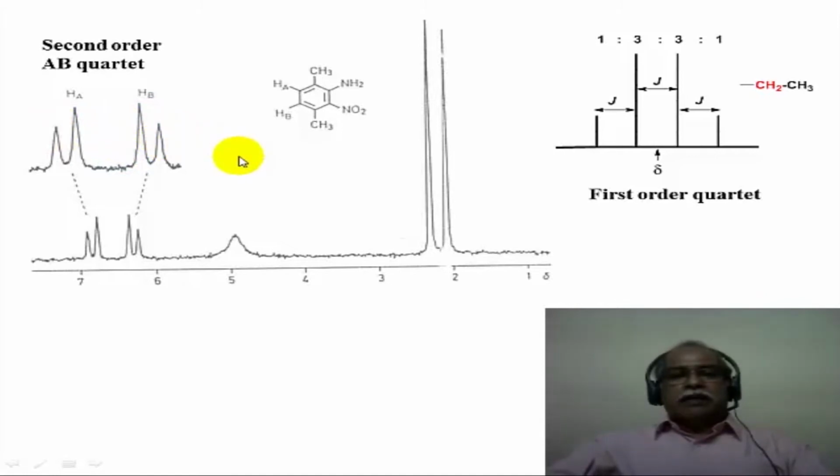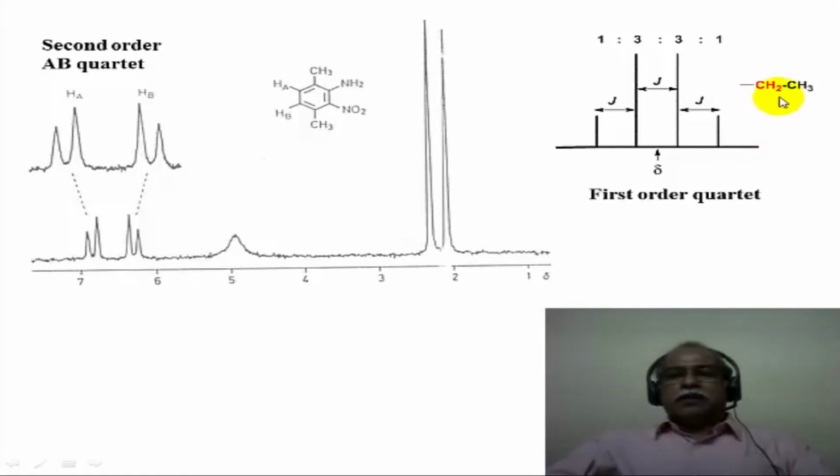This is a very characteristic feature of the second order effect. Now for comparison's sake, a true first order quartet is shown here, and this would correspond to something like a CH2 group of an ethyl group, where you have a CH2 CH3 group, where CH2 is typically attached to a heteroatom like an oxygen or nitrogen, for example.